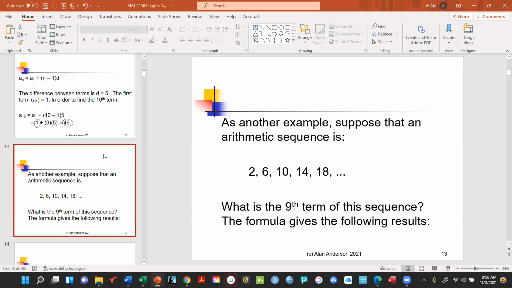In this case, that common difference is, of course, 4. So we're looking for the 9th term of the sequence. So again, if you want, you can feel free to write them out, but try the formula as well.